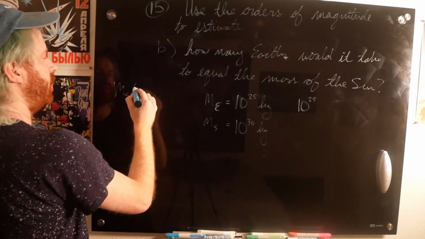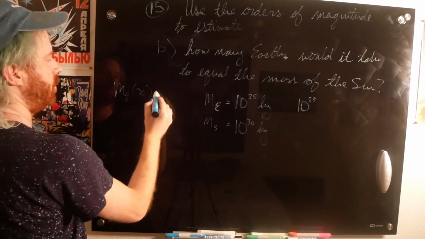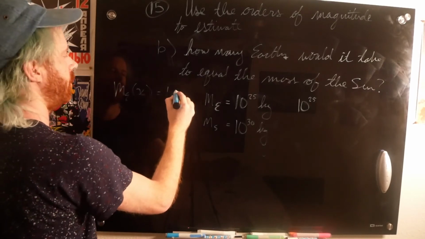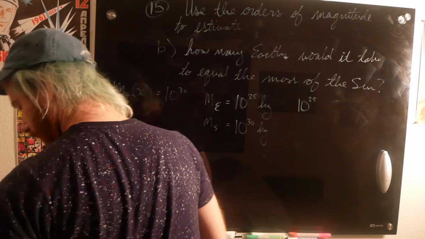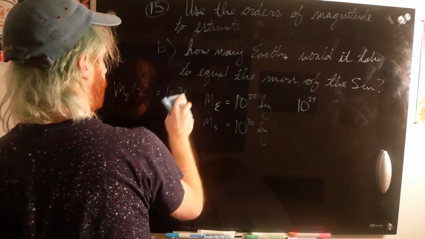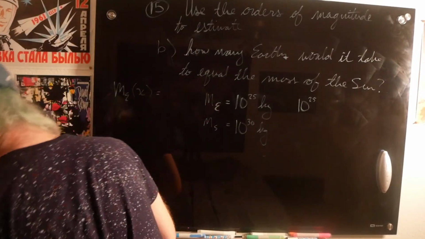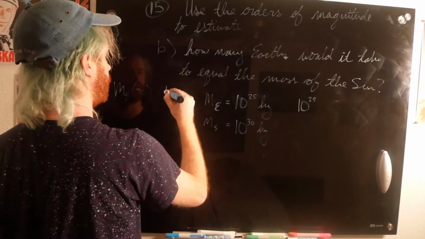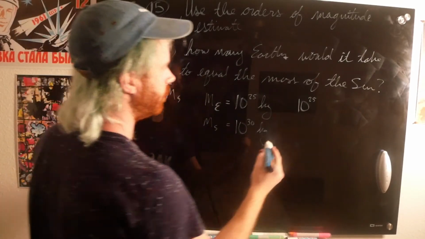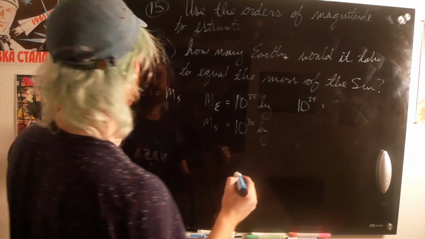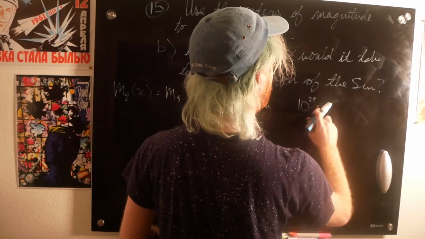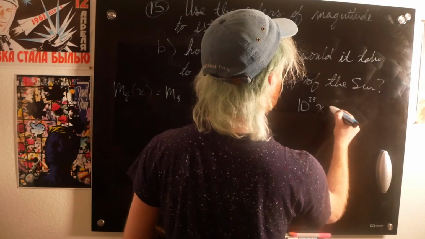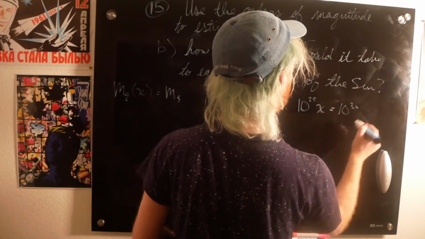Mass of the Earth, how many of those would it take to equal 1 mass of the Sun, which is M sub S. So 10 to the 25, which is the mass of the Earth, times x equals 10 to the 30th.